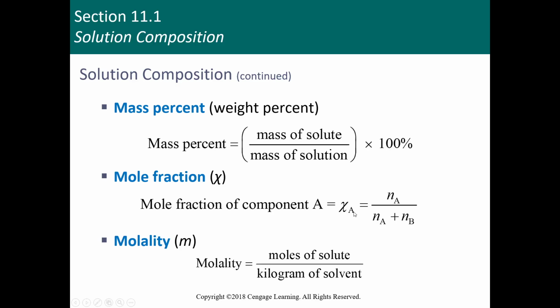This would be like chi CO2, chi O2, chi N2. And then this is equal to the number of moles of the species you've designated right here, divided by the total number of moles here. In this case, there are only 2 species, and so you only have 2 things here.